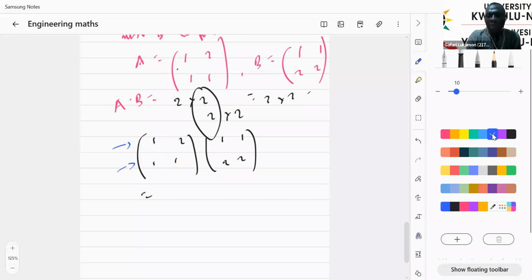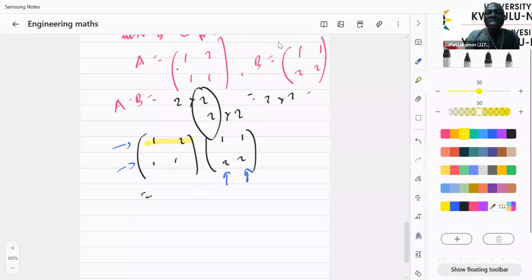Then this is the first column and the second column here. If you want to multiply two matrices together, you have to multiply rows by columns. So this row here, you multiply it with both columns here.